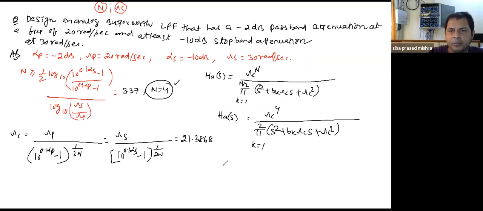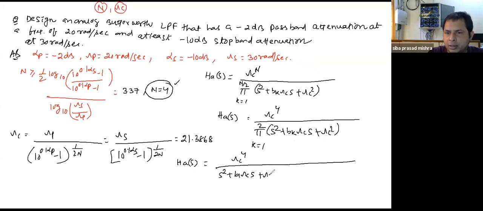What is bk? First we'll write the transfer function: H of s equals omega c to the power 4 divided by s square plus b1 omega c s plus omega c square, times s square plus b2 omega c s plus omega c square.